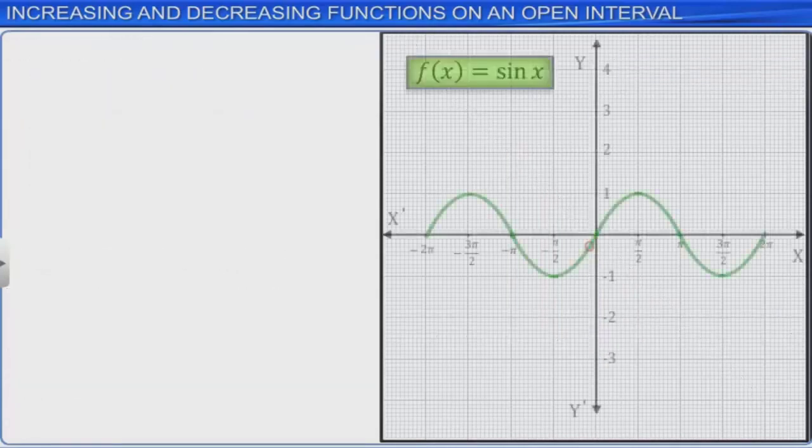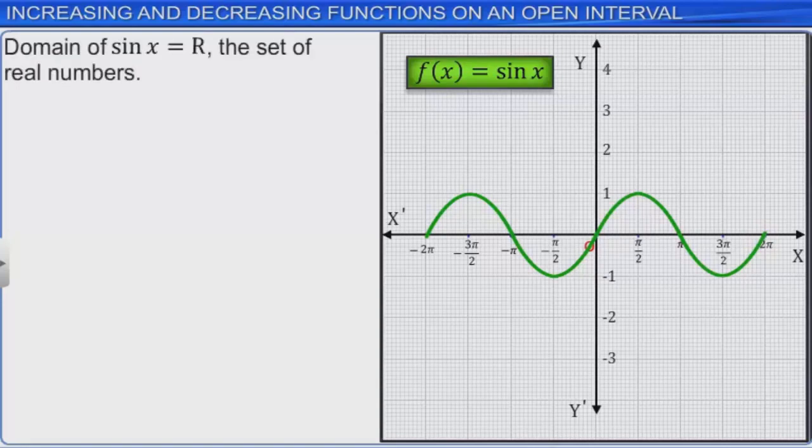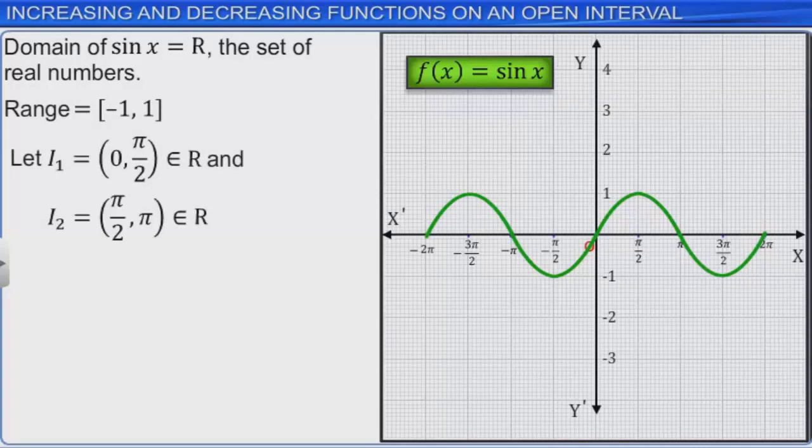Now, let's get back to the graph of the sine function and see whether it is a decreasing function or an increasing function. We know that the domain of sine x is the set of real numbers and its range is the closed interval -1 to 1. Let I1 and I2 be two open intervals defined on the set of real numbers as shown.